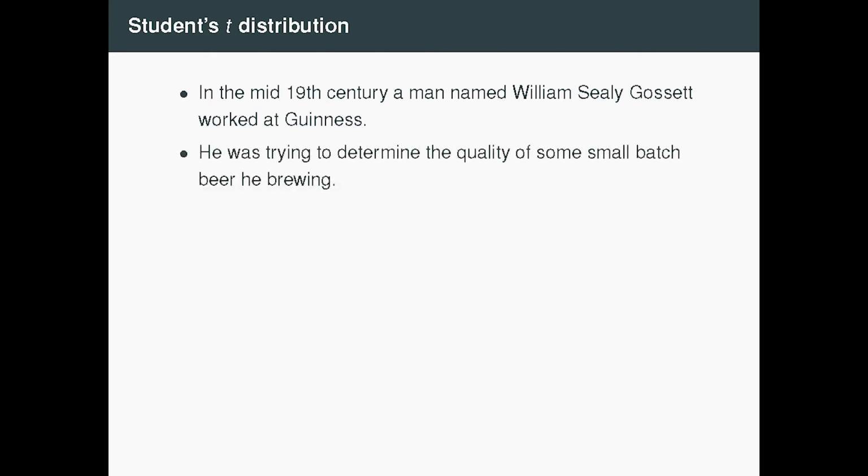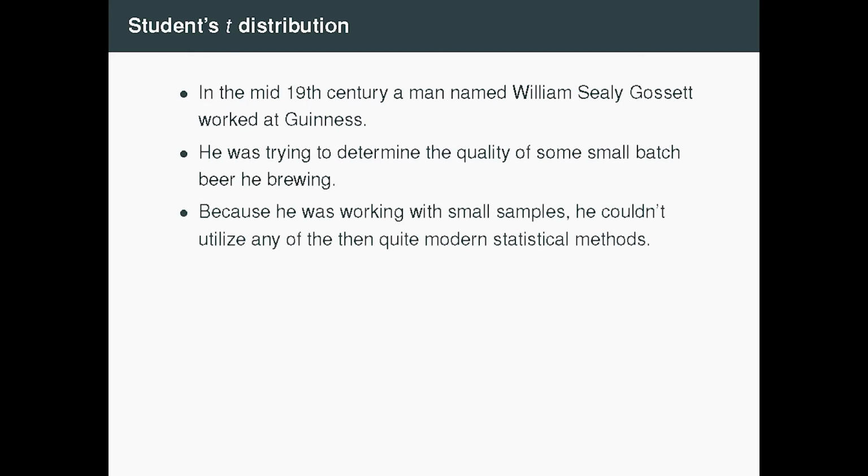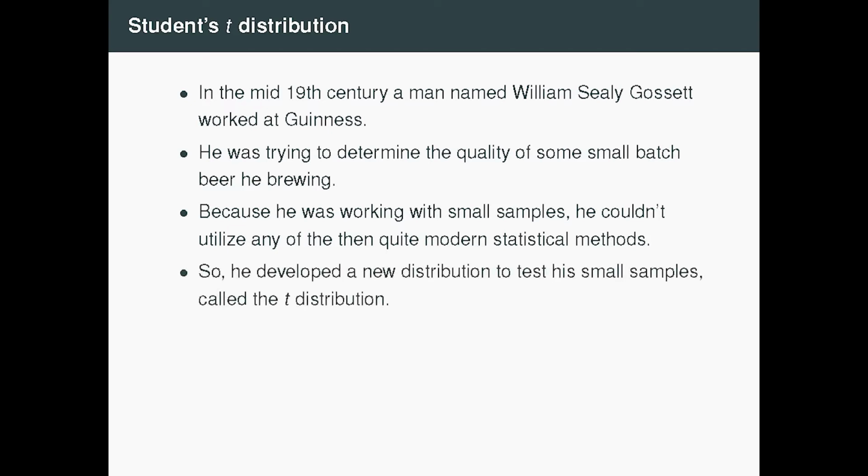But because he was working with really small sample size, he couldn't utilize any of the then quite modern statistical methods. That is, he wasn't able to apply the central limit theorem to his hypothesis testing because he didn't have a sufficiently large sample to do so. So he went ahead and developed a new distribution that would allow him to test the small samples, which was called student's t-distribution.